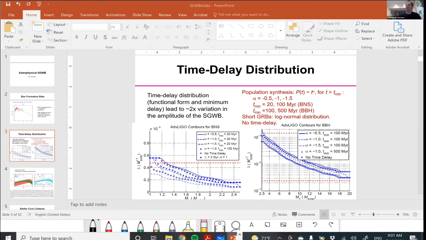Yeah, I was saying that I think the master equation should still hold, but there may be differences. Certainly the rate per unit comoving volume will change. You have to account for that because you're dealing with, let's say, much more massive objects.